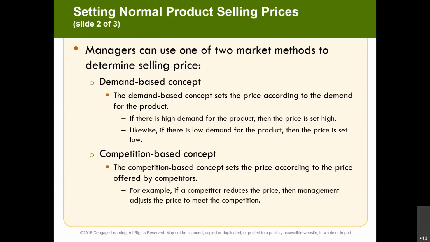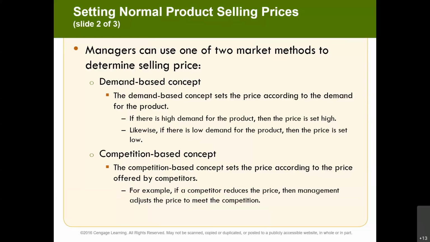That would be the competition-based concept. And then if you look at demand, let's say it's spring break and everyone wants to go to Orlando to go to the theme parks, then the price per ticket from DC to Orlando would increase based off of that demand being high during the spring break time.